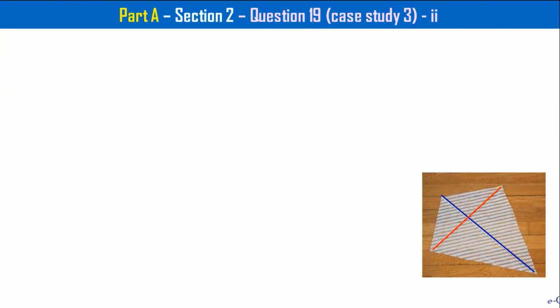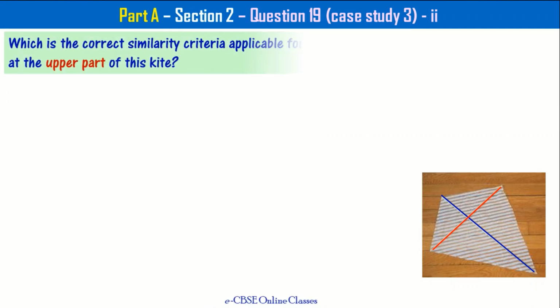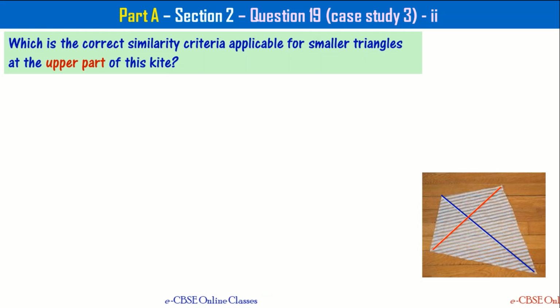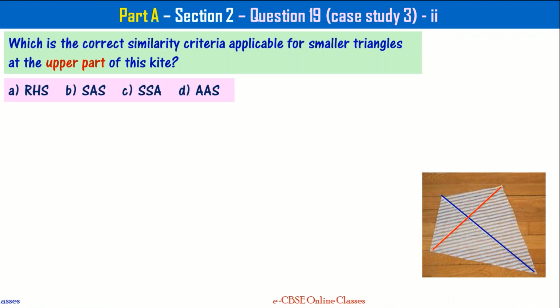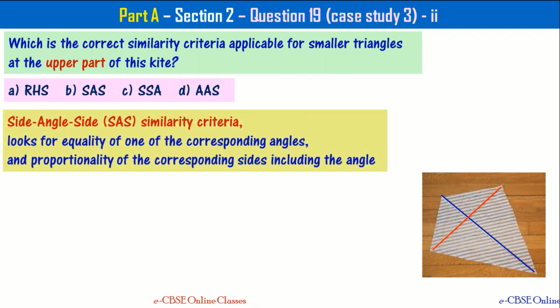Let's go to subpart 2 of question number 19. Which is the correct similarity criteria applicable for the smaller triangles at the upper part of this kite is the question, and choices are given. The answer is side angle side or SAS similarity criteria. It deals with equality of one of the corresponding angles of given triangles and proportionality of corresponding sides including the angle.